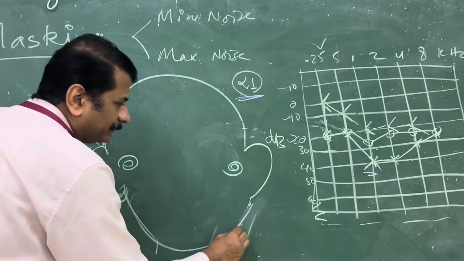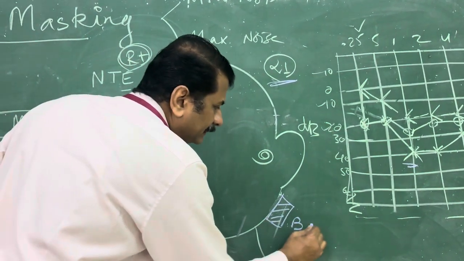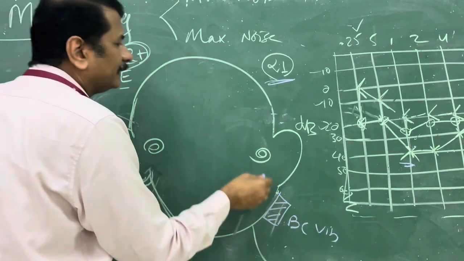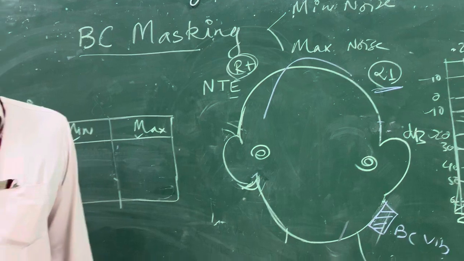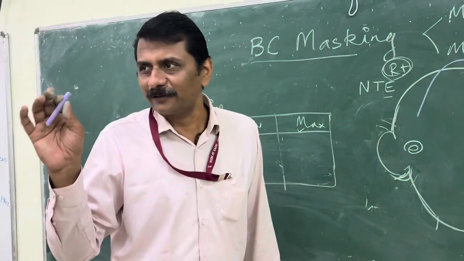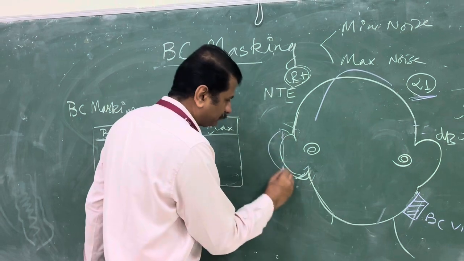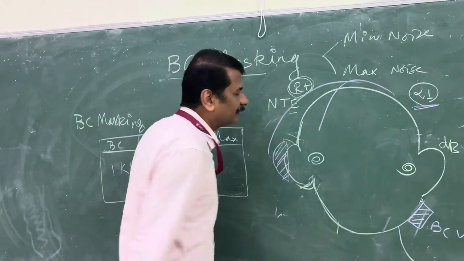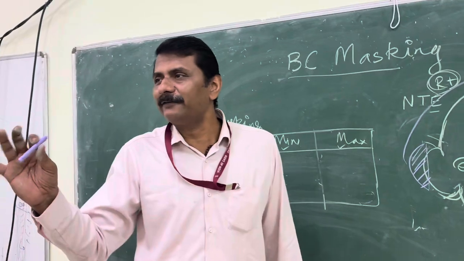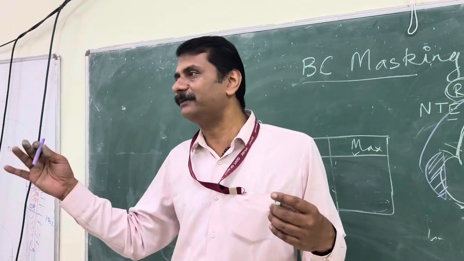So I place my BC vibrator here on my left ear, and the headband comes here. Now I have to give the noise. So where do I place the AC headphones? On my right ear. So now I have to give a minimum amount of masking noise and a maximum.